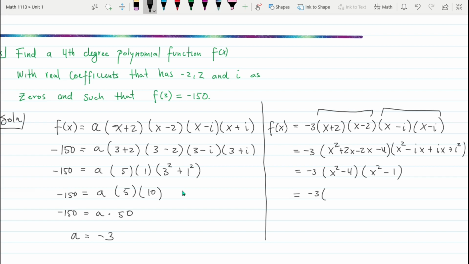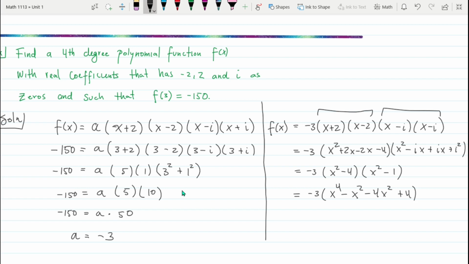Here we'll have to do foiling, or double distribution, however you want to call it. So x squared times x squared is going to be x to the 4th power minus x squared minus 4x squared plus 4.